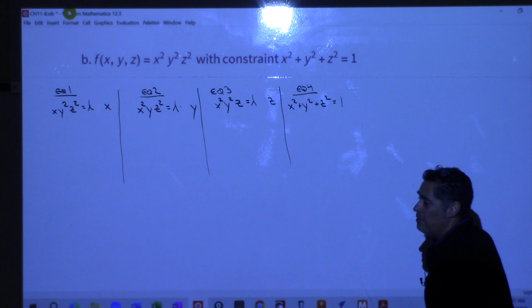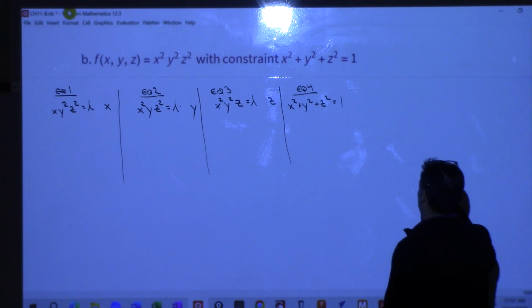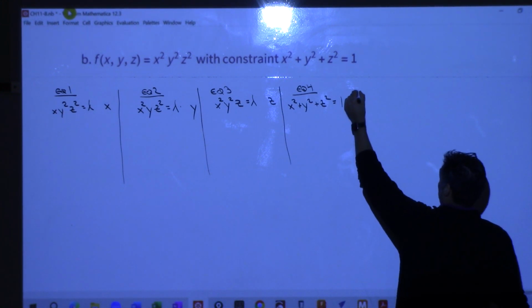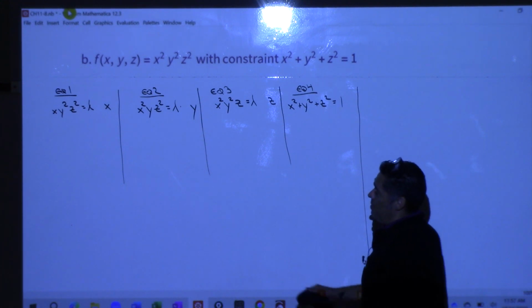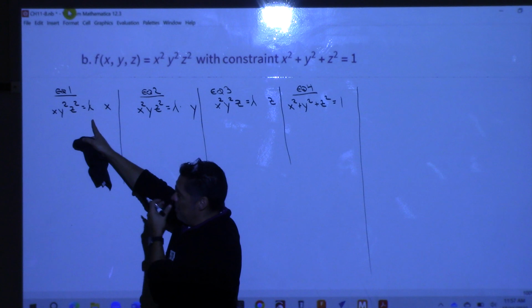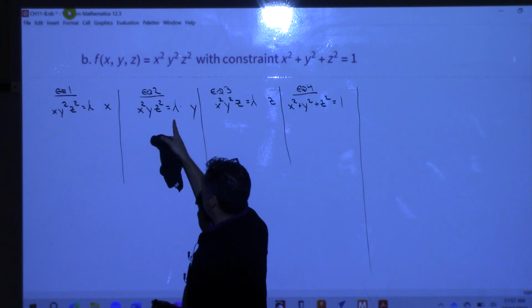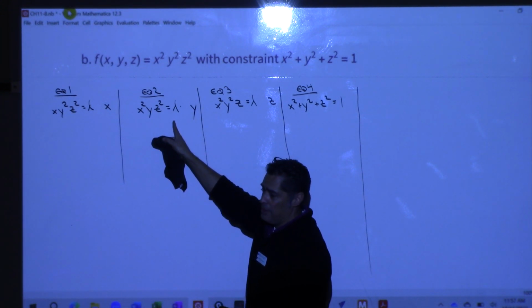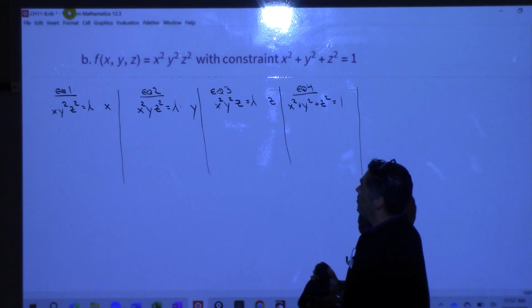But we have a lot of things to assume. If we're going to solve for lambda on this one, we have to assume x is not 0, and then you can divide by x. Here, y is not 0, and you can divide by y. And there, z is not 0.